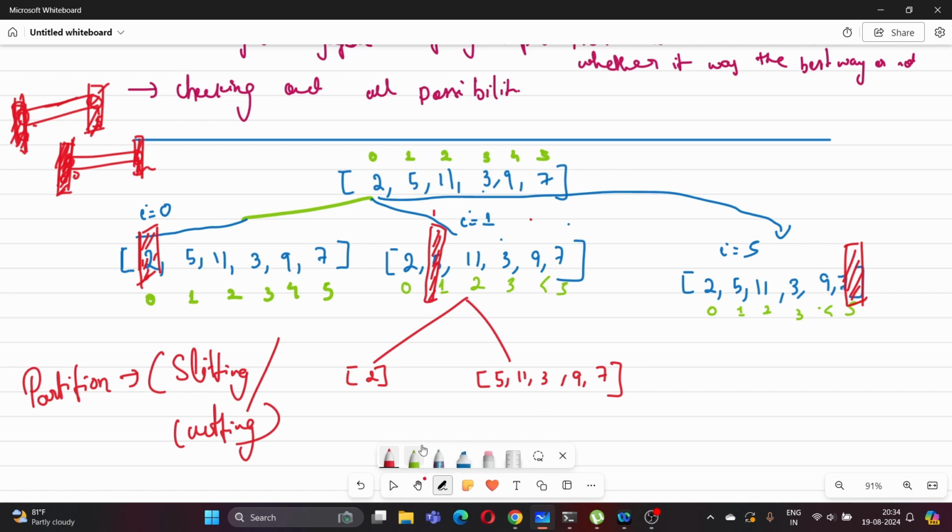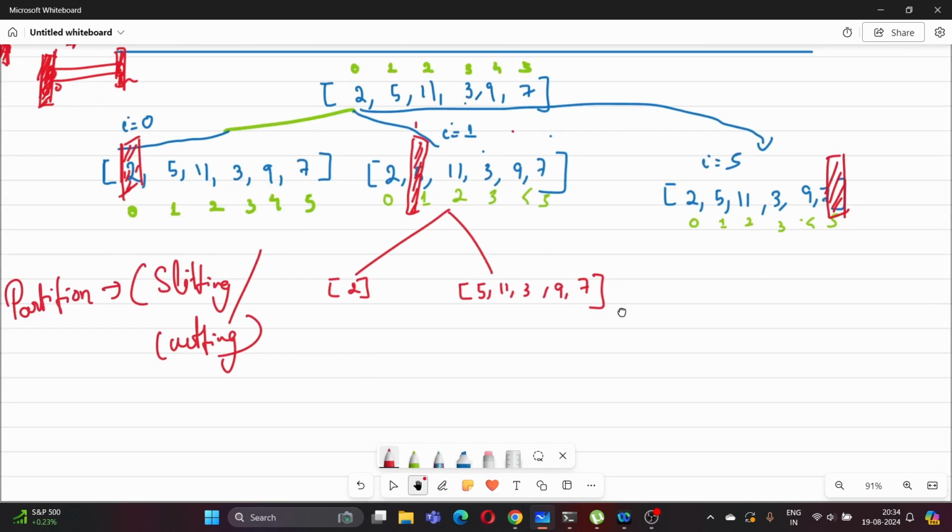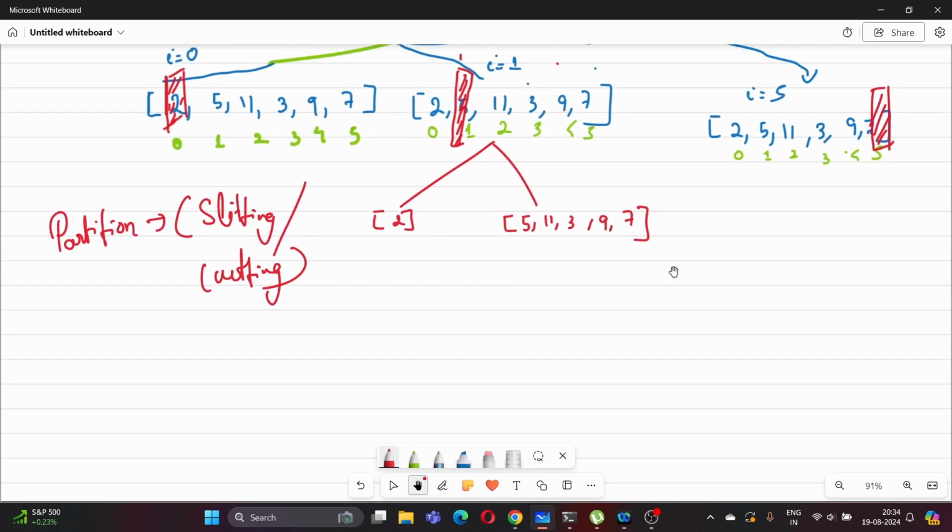I hope everyone has understood what I mean by partition, and how we are going to do that will come after this. To understand what is being done and why it is being done, understanding that is more important, so bear with me. Now we have understood what partition actually is. It's basically cutting it into different halves, storing it, or differentiating them from each other, right?